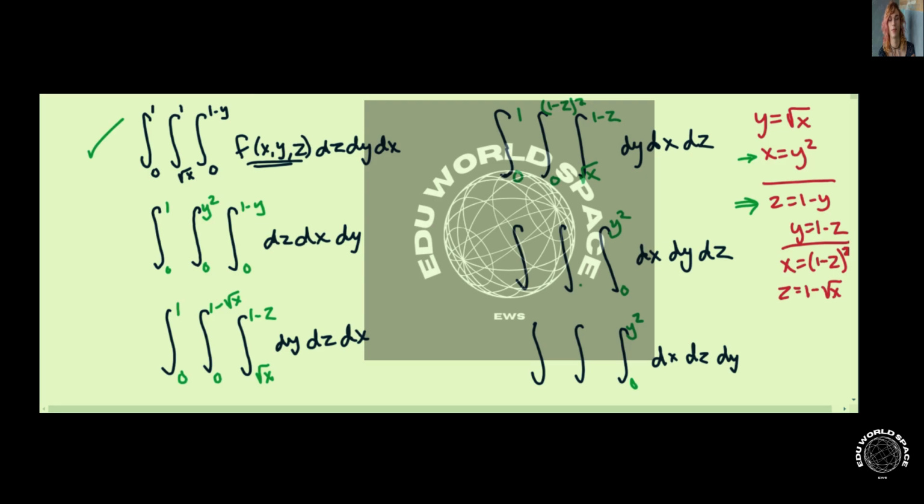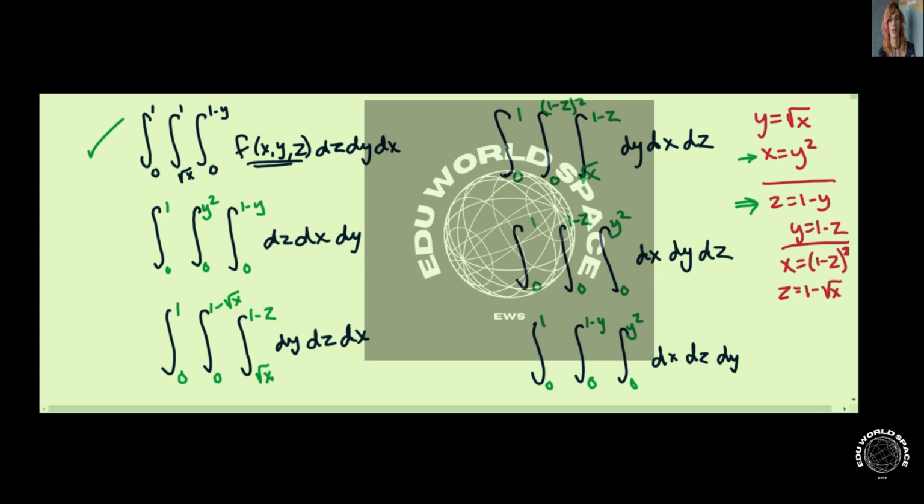So y is going to go from 0 to 1 minus z. And then z goes from 0 to 1. If I do dx, dz, dy, I need to put z now in terms of y. So z is going to go from 0 to 1 minus y. And then y finishes again by going from 0 to 1.